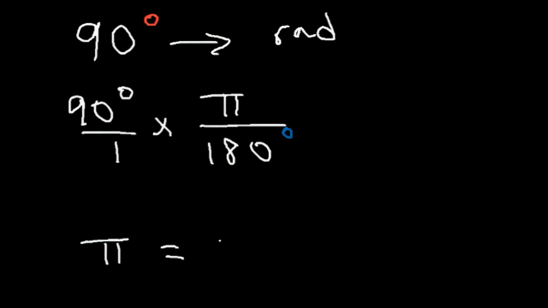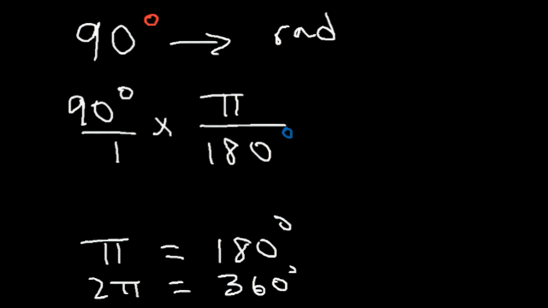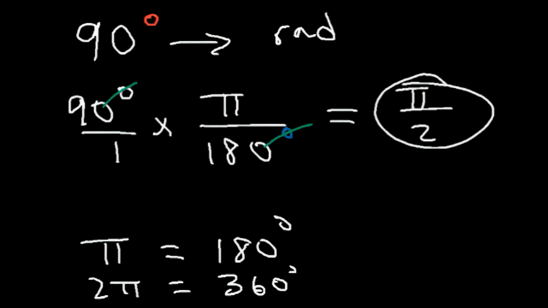Pi radians is 180 degrees, and 2 pi radians, that's a full circle, that's 360 degrees. So notice that the degree symbols cancel. So 90 over 180. If you cancel the 0, that's 9 over 18. So this is the same as pi over 2. So that's how you can convert from degrees to radians.